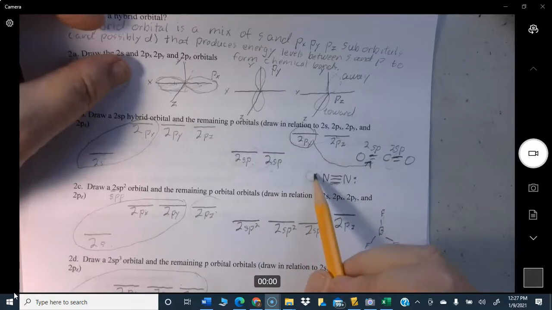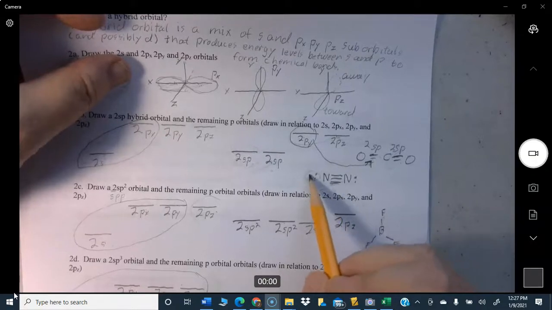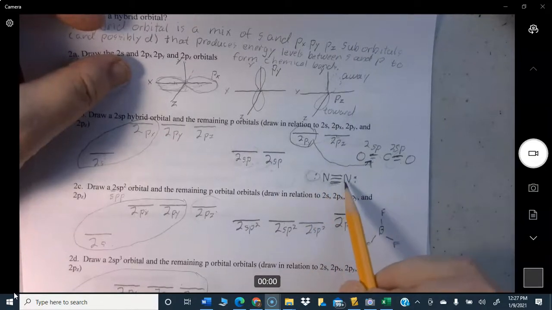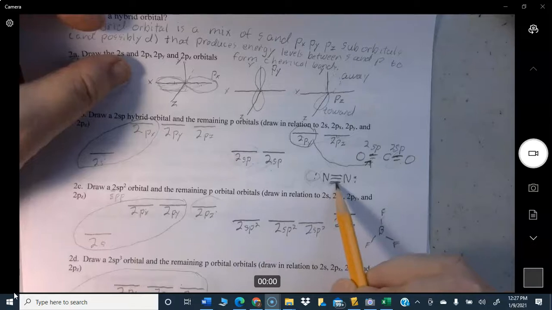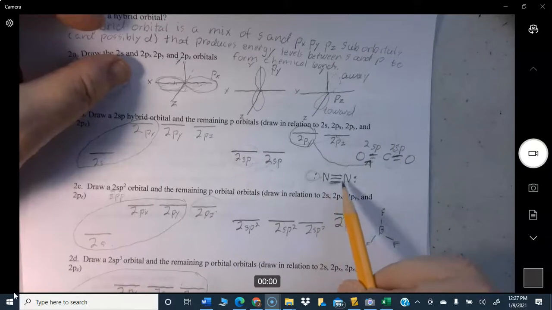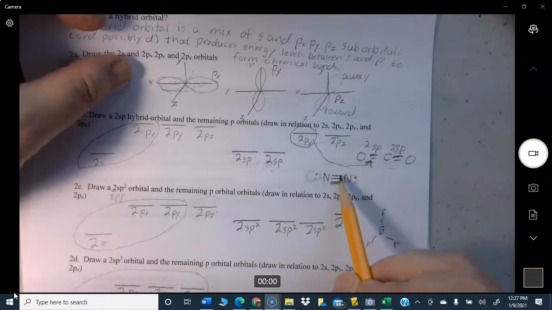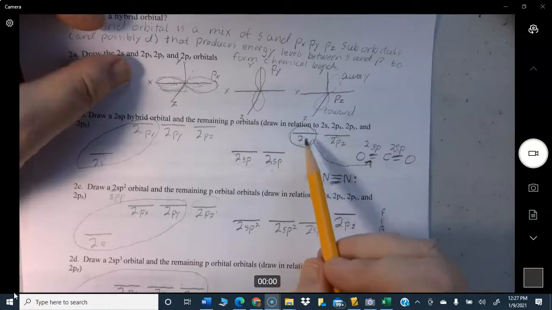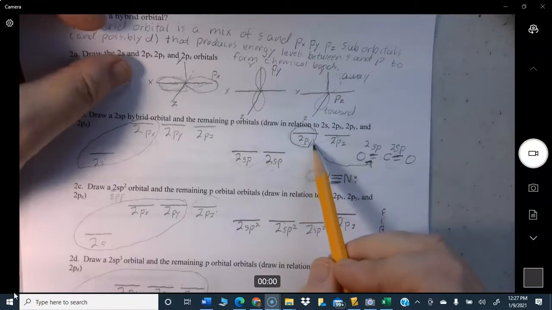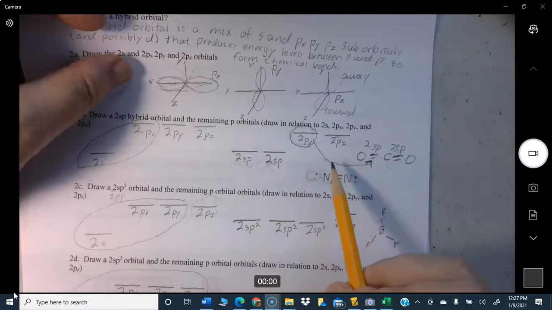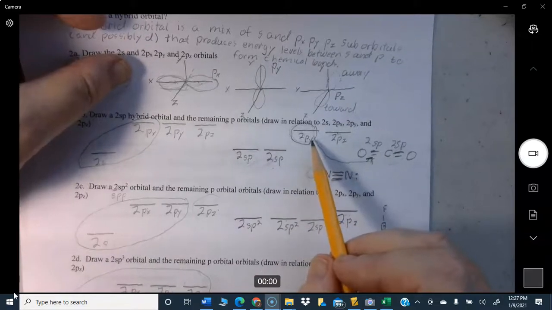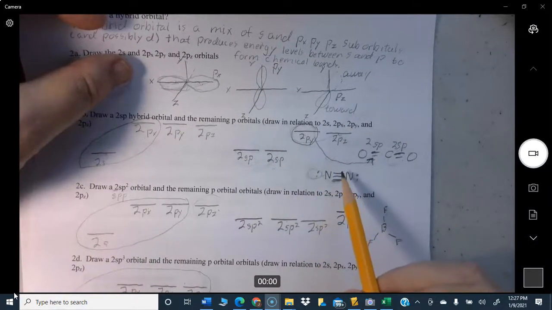An sp hybrid orbital does not have to be bonding. It can be a lone pair. So there's an sp, there's an sp. This one also has an sp there. That's what's bonding these two together. And then it has an sp there. Now these two additional bonds are formed by the 2py orbital of each atom holding hands and bonding together, and the 2pz orbital holding hands and bonding together.